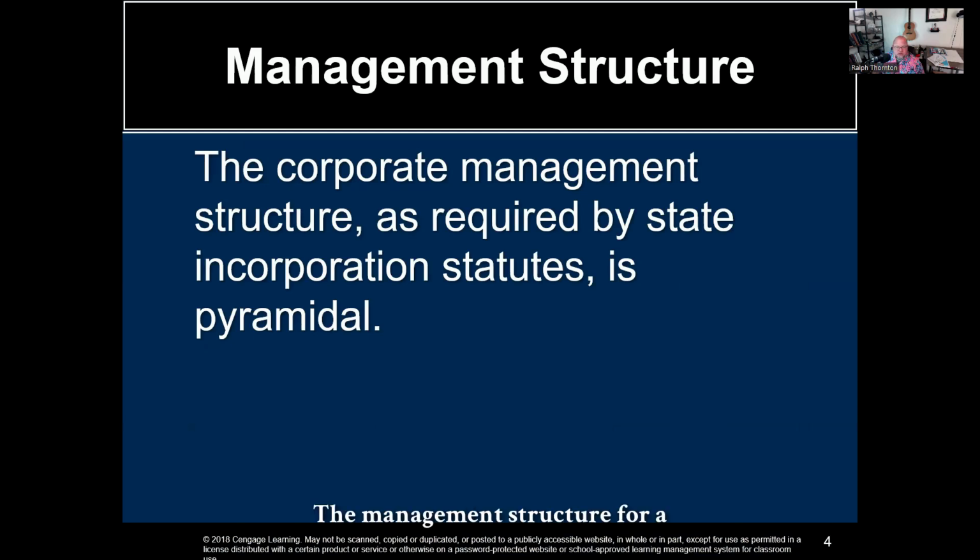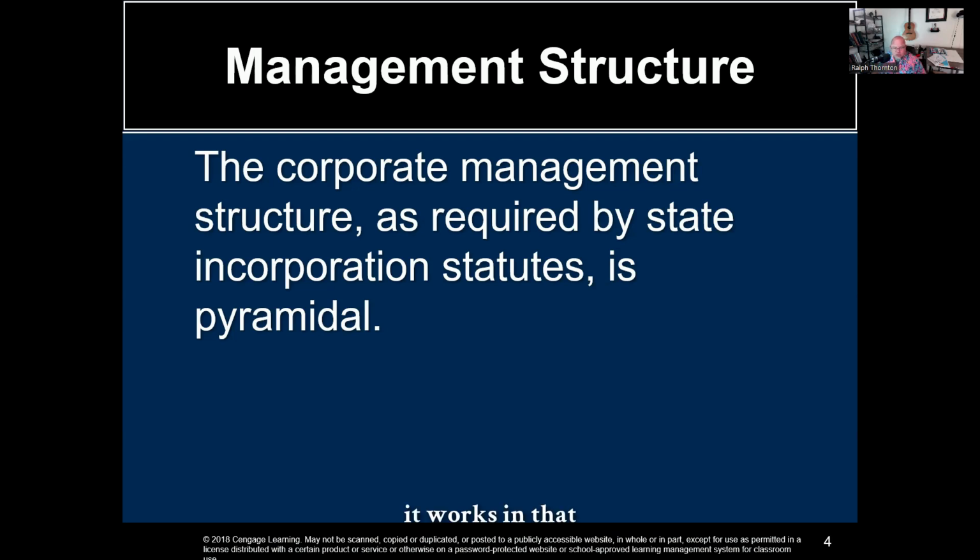All right, the management structure for a corporation, especially when we get to the point where it's reached this level, is fairly similar across the board. It's normally required by statute and how it's set up. It is a pyramid that goes down with how it is arranged, smaller group, and so forth from the top down or the bottom up, depending on how you want to look at it.